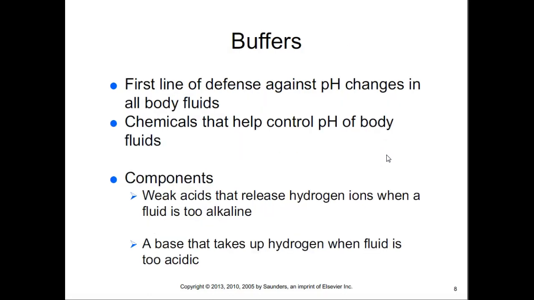All right, so buffers. Our carbonic acid buffering system is the number one buffer that helps defend against pH changes. I want you to notice that the arrows are both ways, so this equation can go in either direction depending on which of them you have more of. Where there's more of one, that one becomes the reactant and the other end becomes the product. It depends on the direction we're going.